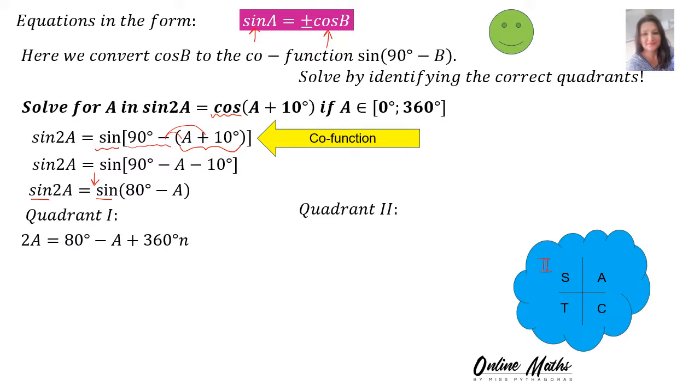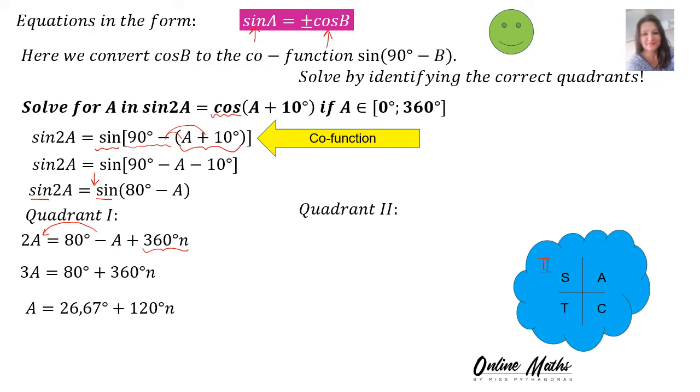Then you say 2A is equal to 80 degrees minus A, which is your reference angle, plus 360 times n. Now you can solve for A: the minus A will walk across and becomes plus A. 3A is 80 degrees plus 360 times n.